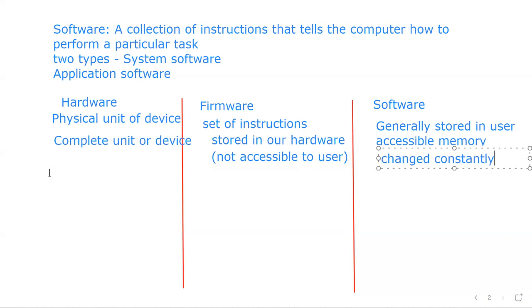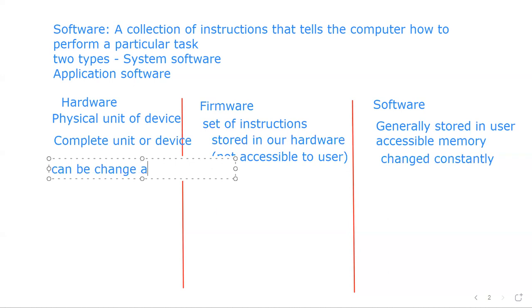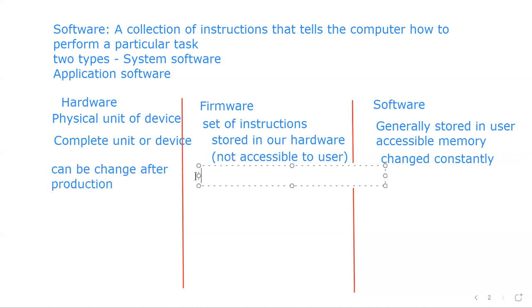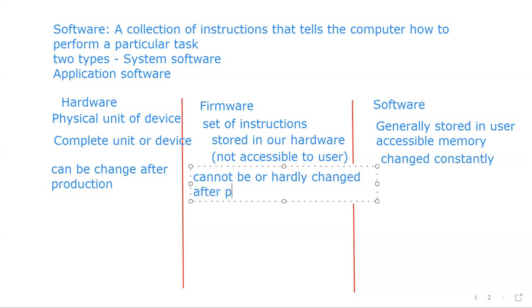Hardware can be changed after production. Firmware cannot be, or is hardly, changed after production.